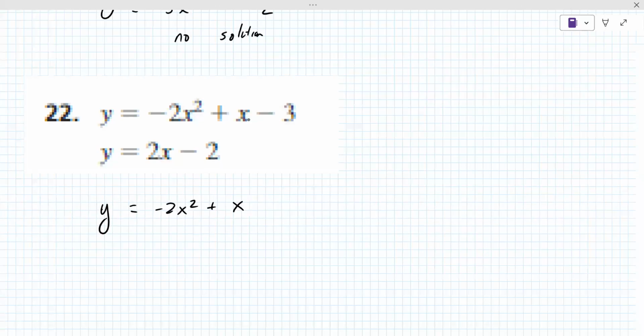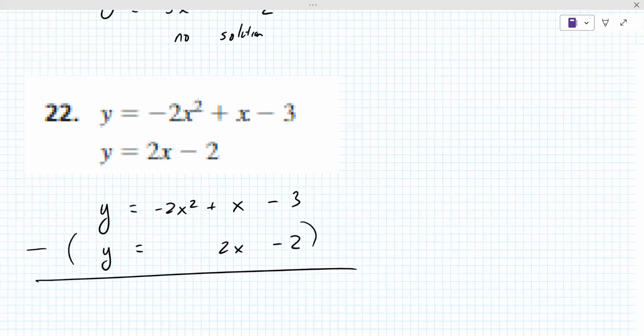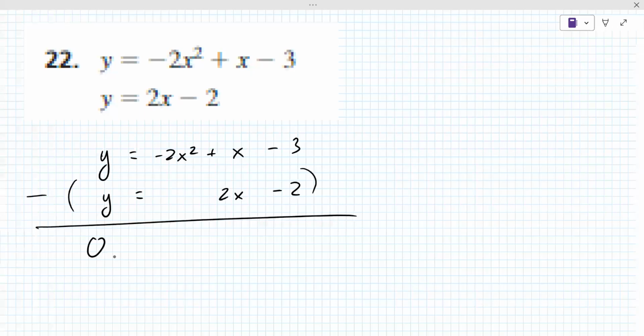Just rewriting it so that you can see everything in the order here. Okay. So this time we're going to subtract. So we've got y minus y, that's 0, equals minus 2x squared. x minus 2x is minus 1x. Minus 3 minus minus 2 is minus 1.